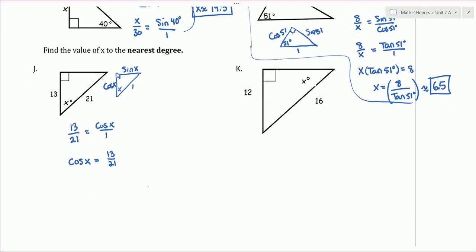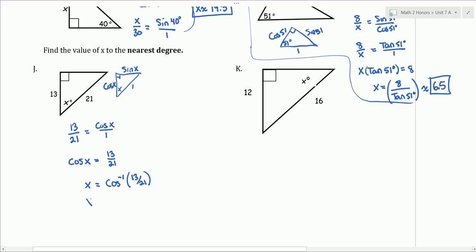So here's the case where please do not divide by cosine. We can't do that. This is a function that we're taking. The cosine of x is 13 over 21. We need to find out the angle measurement here, not a side length. And so we're going to have to use the inverse cosine function, which is the opposite of cosine, in order to get x by itself. So x is the inverse cosine of 13 over 21.